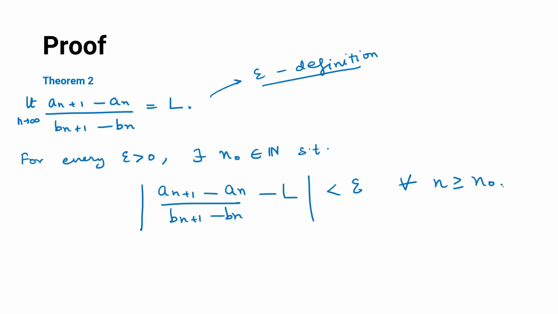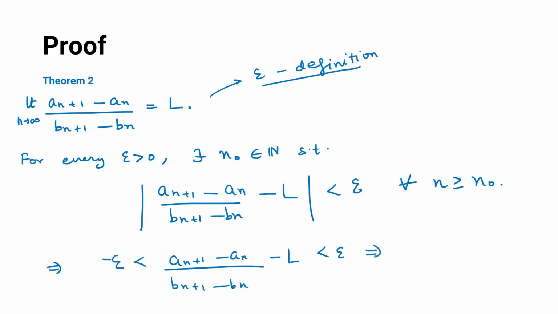Cool. So here we have that, and we'll use the properties of the modulus. We'll write this as (a_{n+1} minus a_n) divided by (b_{n+1} minus b_n) minus L is less than epsilon and greater than minus epsilon.